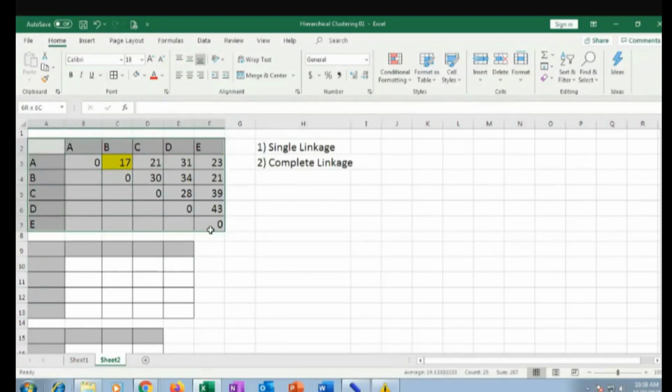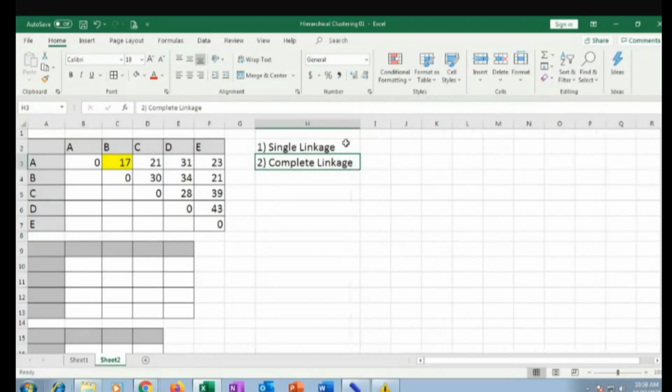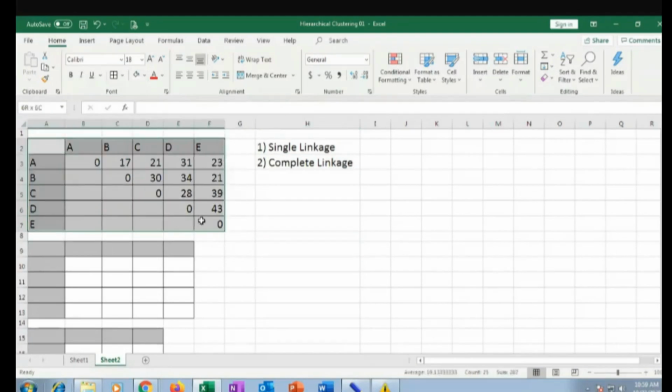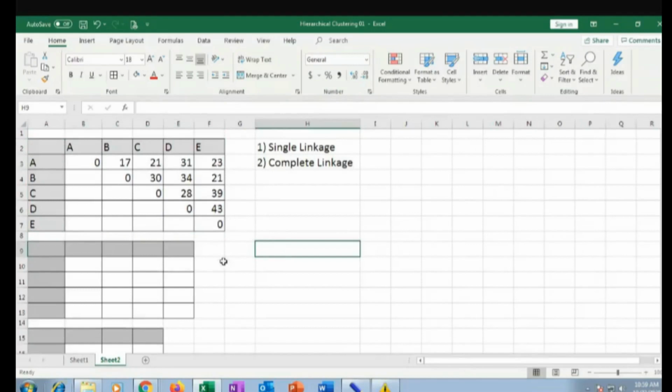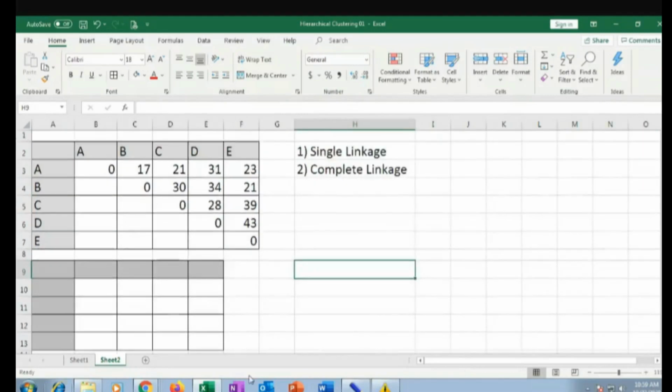We'll start from scratch for the complete linkage. Now listen carefully, this is a little bit different. Initially this distance matrix is given to you, and you are asked to find out the first cluster to be merged.